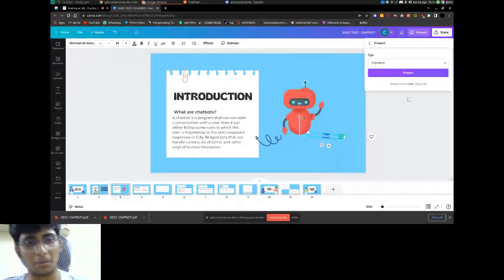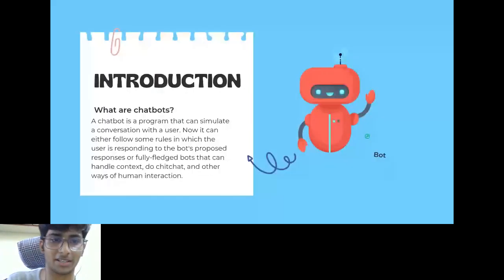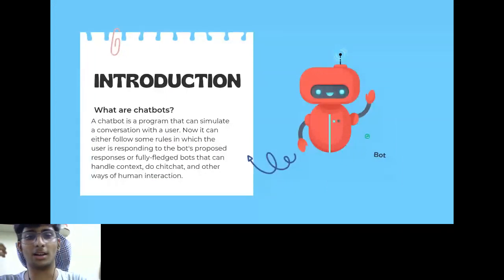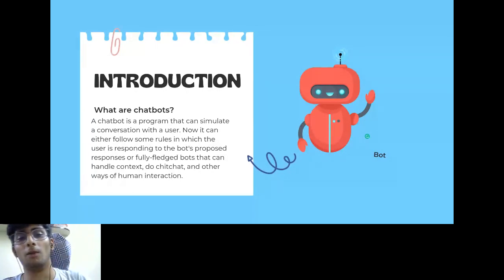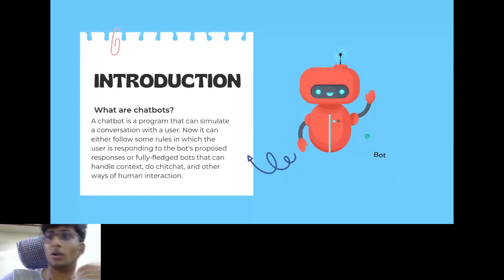So what are chatbots? I guess everyone knows, but in simple words, a chatbot is a program or software that can simulate a conversation with a user or person who is talking with the chatbot. A chatbot can follow some rules given by the programmer, or it can be a full fledged bot that can handle context. For example, if I say I want to buy a pizza, and in the middle I ask, oh, are you a bot?